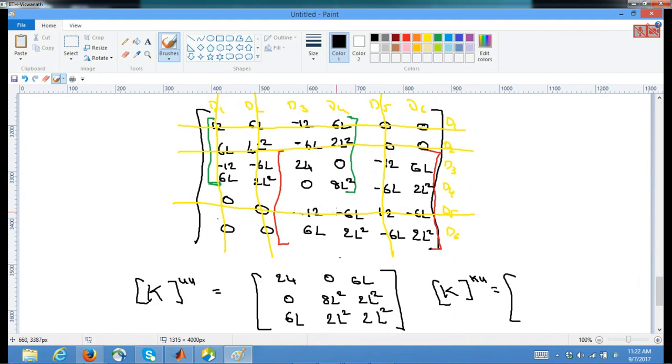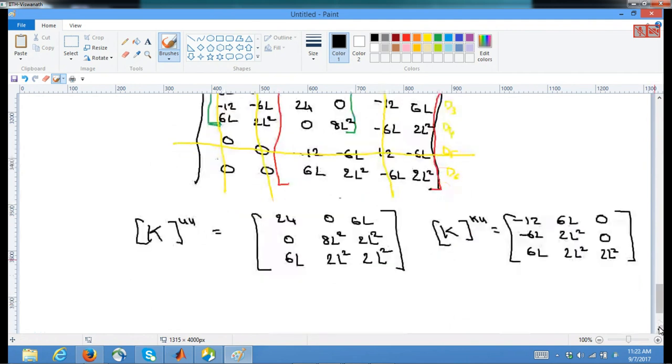That's the reason I pick these: 12, minus 12, 6L, 0, minus 6L, minus 6L, 2L square, 0, 6L, 2L square and 2L square.